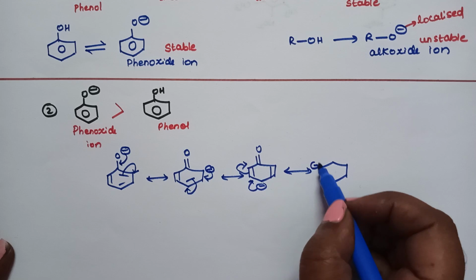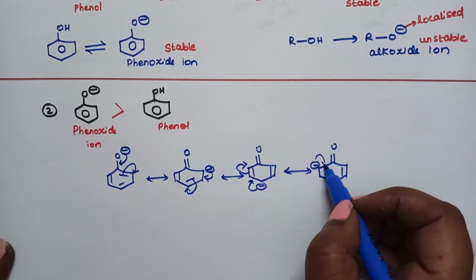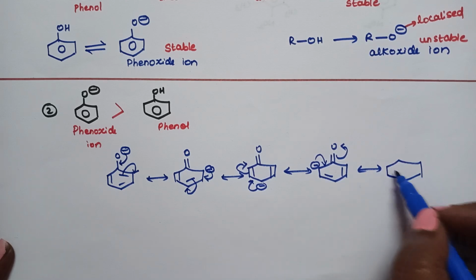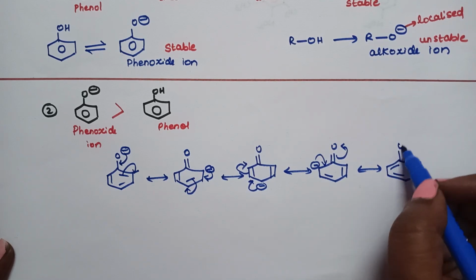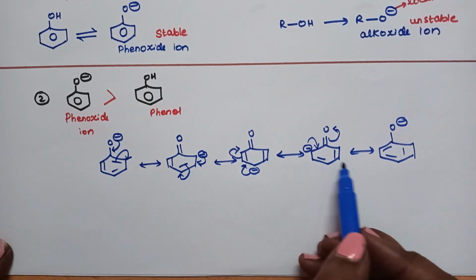So negative sign here, double bond oxygen. Then move these electrons. So this is what you will get. This is resonance structure for phenoxide ion.